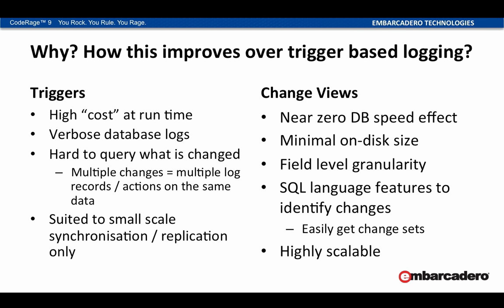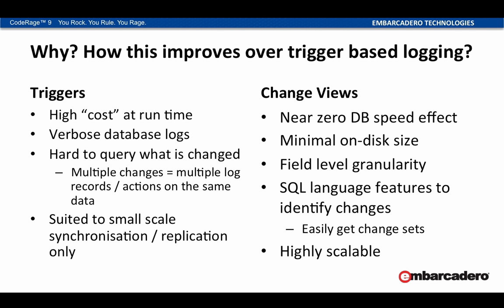And with change views, we provide a near zero database speed effect. This is logged specifically on the record within the database, and we're able to identify specifically at what time they've been changed. This has very minimal on-disk size effect, so we don't have a large log file that's going through.